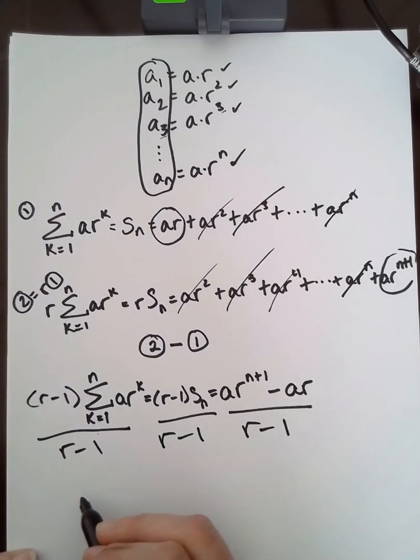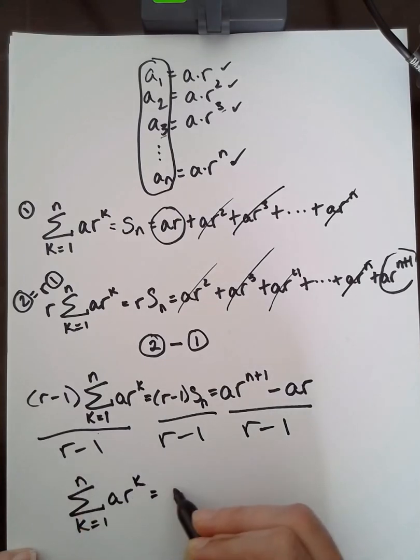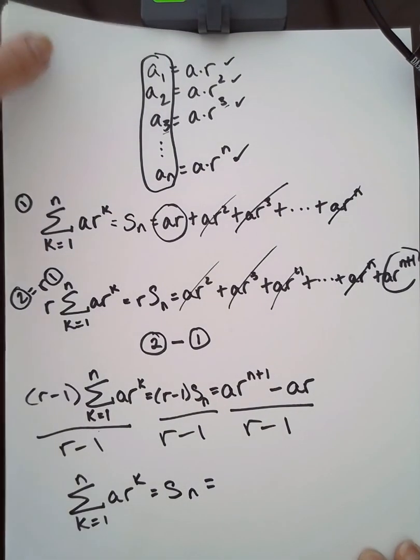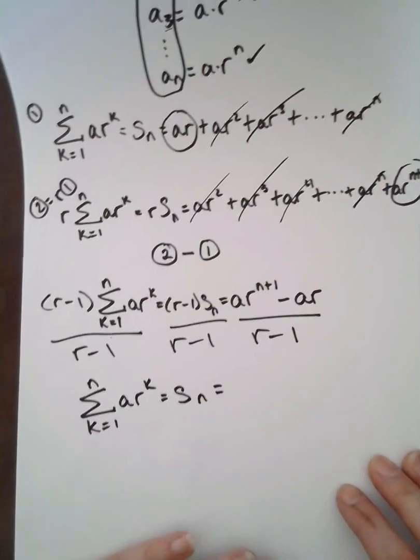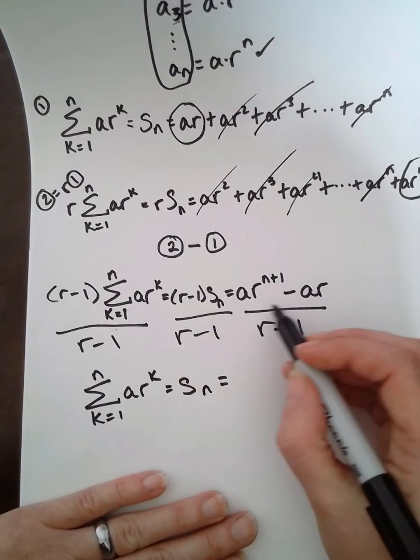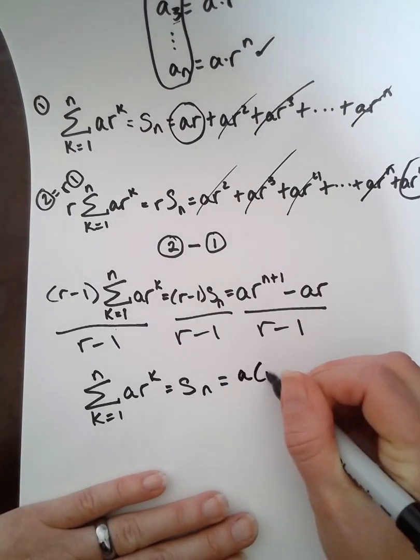So we have the sum, k goes from 1 to n of a times r to the k, is equal to, and I'm about ready to drop that non-descriptive notation. Here we can factor out an a.